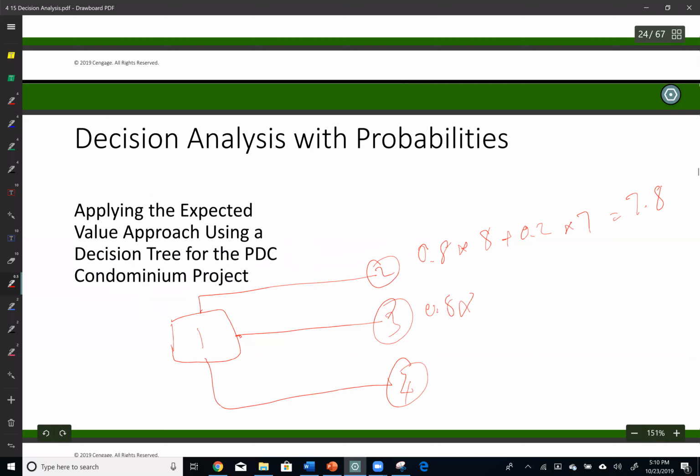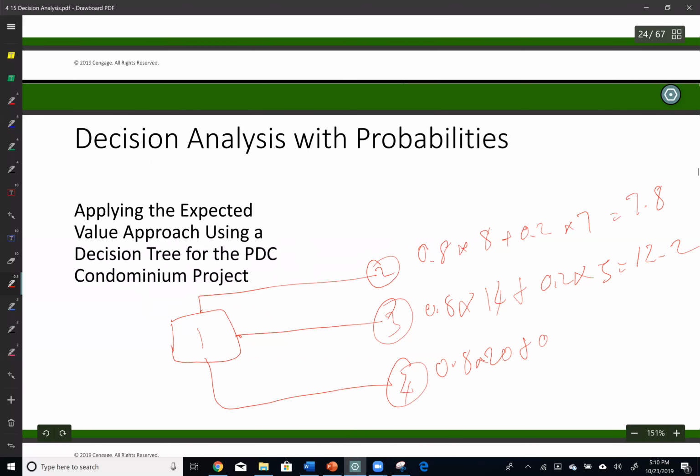0.8 times $14 million, 0.2 times $5 million. This would give you 11.2 plus 1, which is $12.2 million. It's better than small condos. If I build large condos, I would get with 80% chance, strong demand, $20 million.